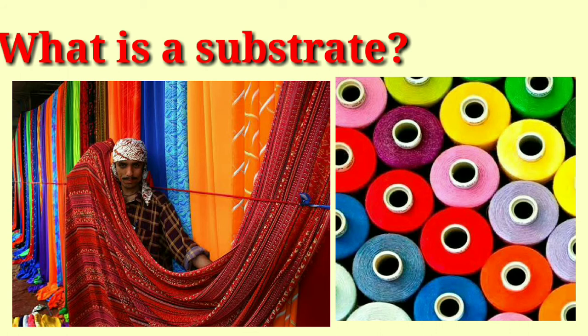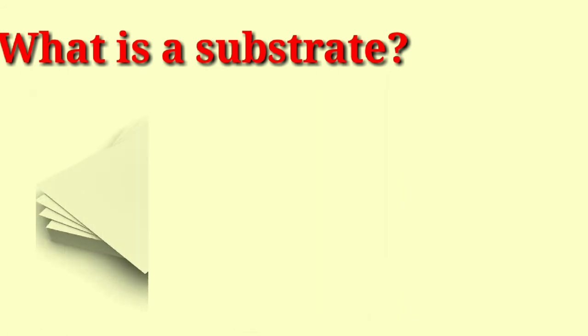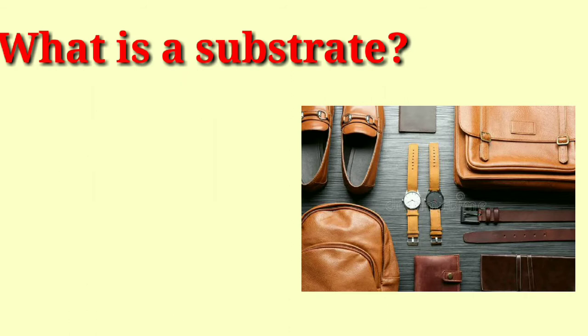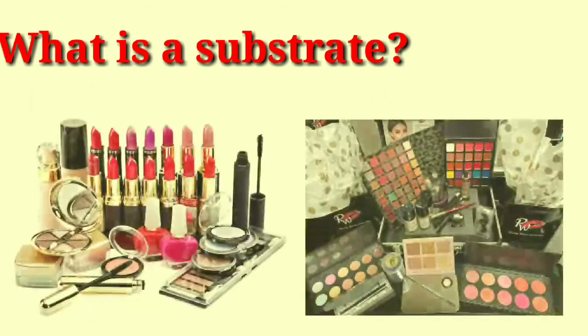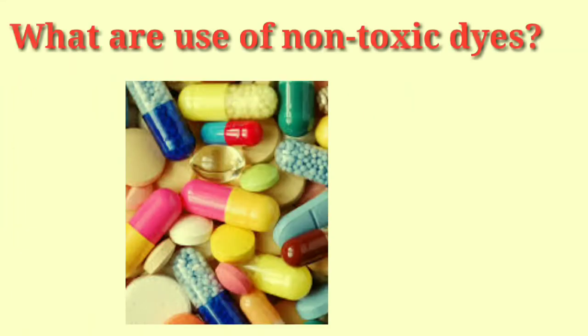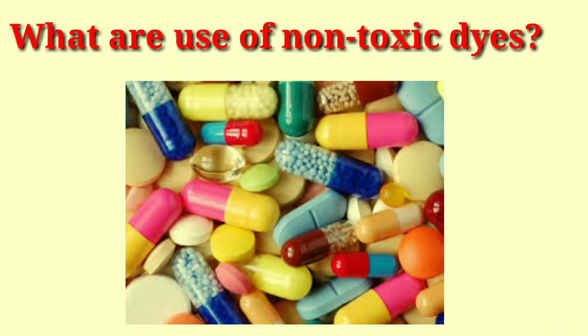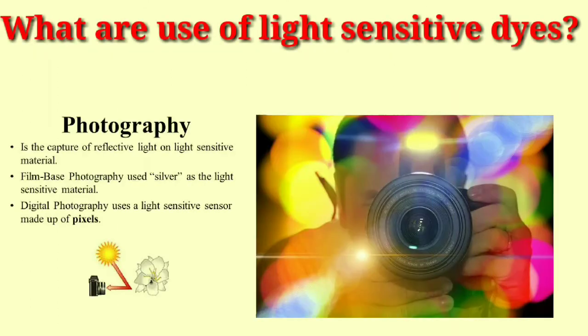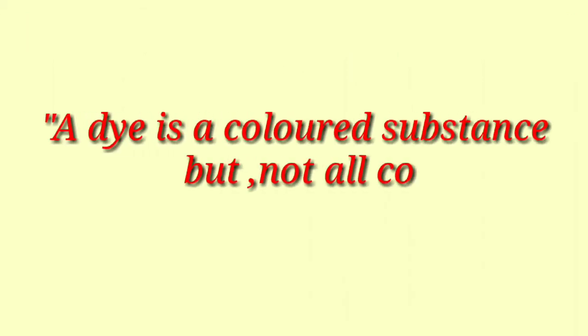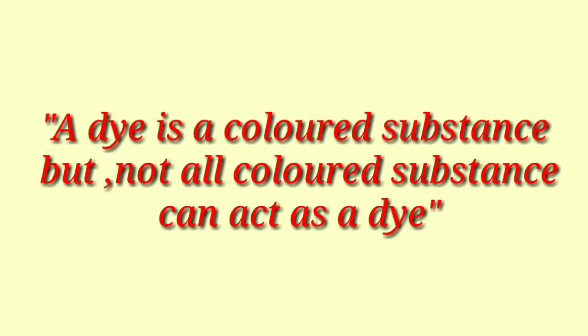In addition to that, there are other substrates such as paper, leather, plastic, waxes, and cosmetics. The non-toxic dyes are used in drugs and to color foodstuffs, and the light-sensitive dyes are used in photography.